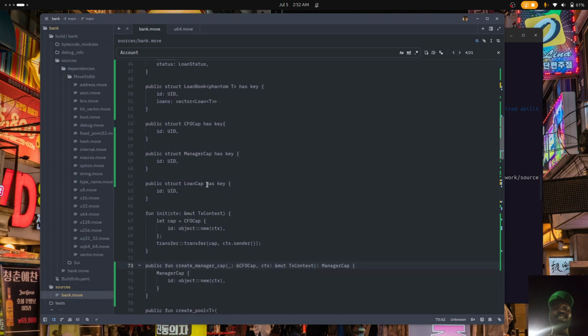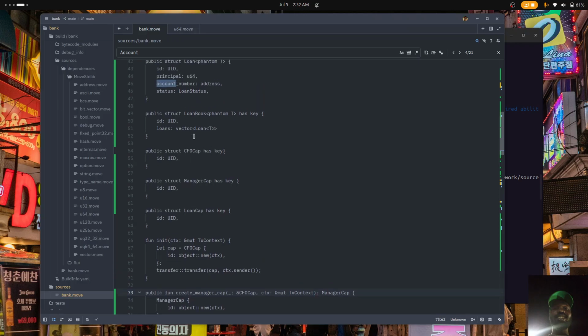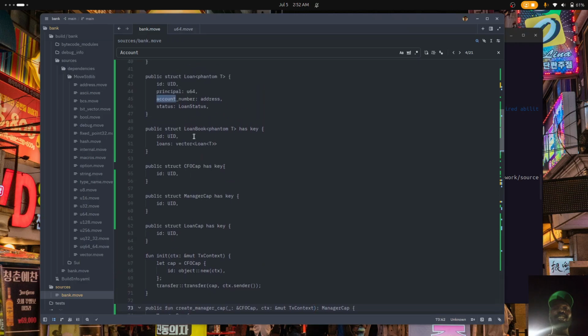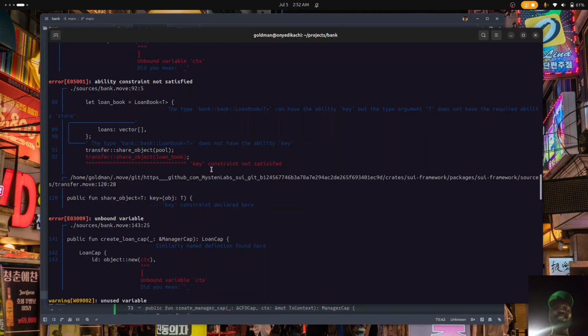The same. Yes, it does. There's a key there.